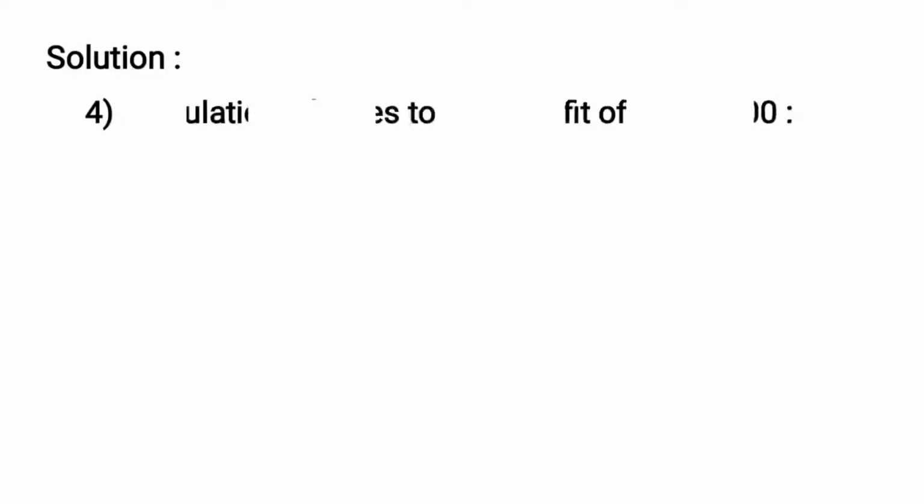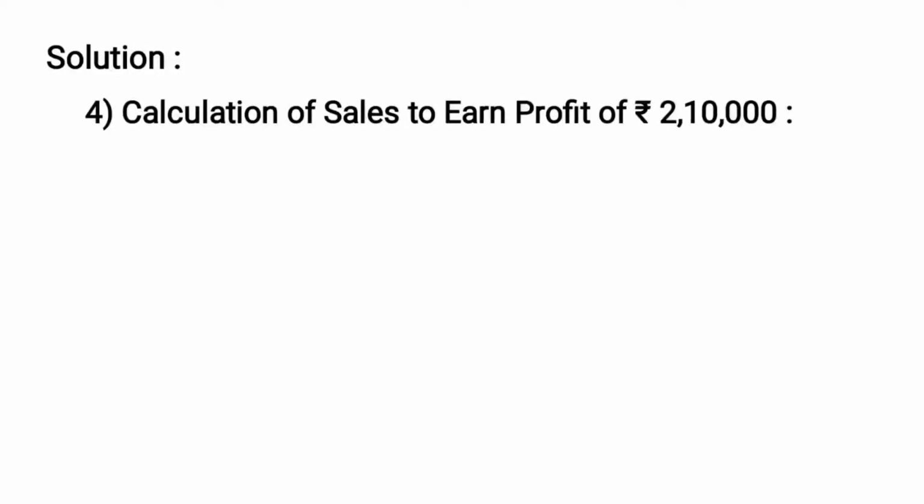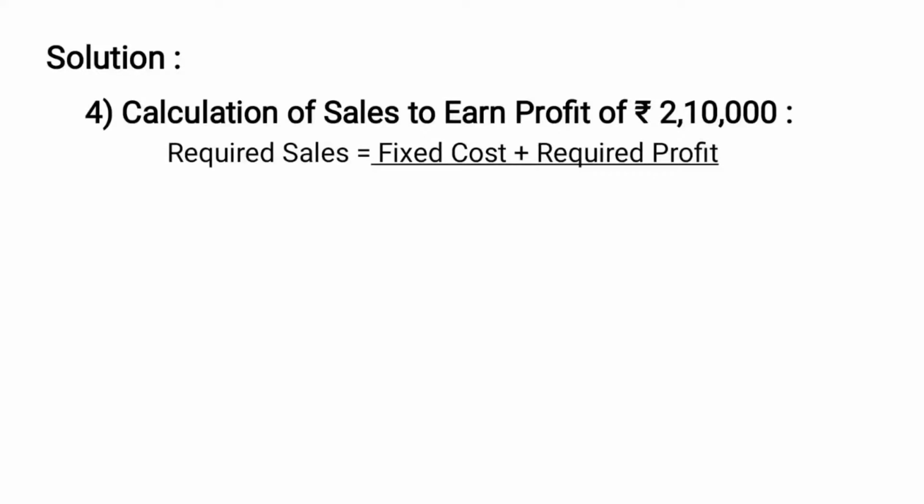Fourth, calculation of sales to earn profit of rupees 2,10,000. So required sales is equal to fixed cost plus required profit, which is also known as desired profit, divided by PV ratio.